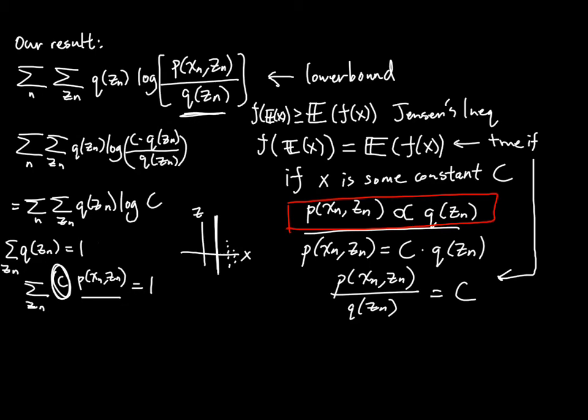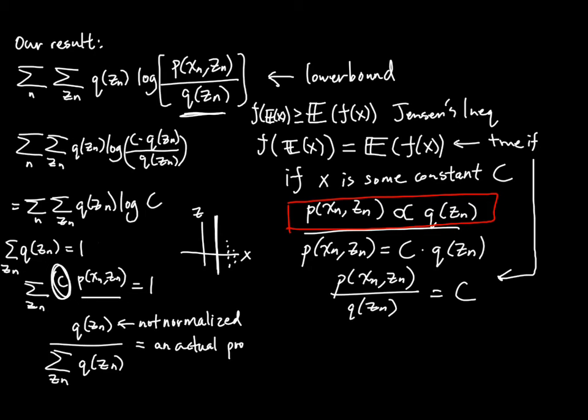Well, it follows that if we say Q of zn is not normalized, then we can divide Q of zn by all possible values of Q of zn to get an actual probability distribution.